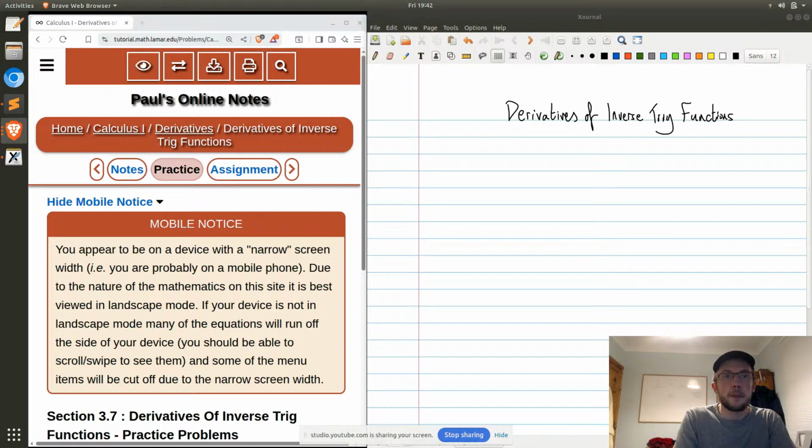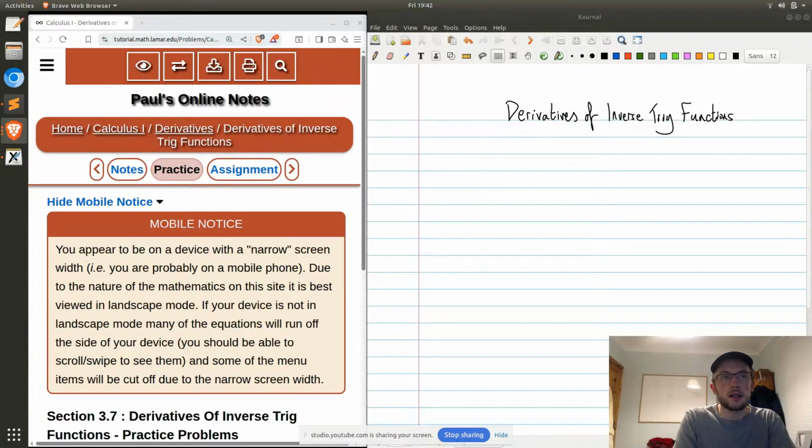So as I was saying, d by dx of arc sine x is 1 over root 1 minus x squared, and d by dx of arc cosine x is -1 over root 1 minus x squared. As for the inverse tan and inverse cotangent, d by dx of arc tan x is 1 over 1 plus x squared, and d by dx of arc cot x is -1 over 1 plus x squared.